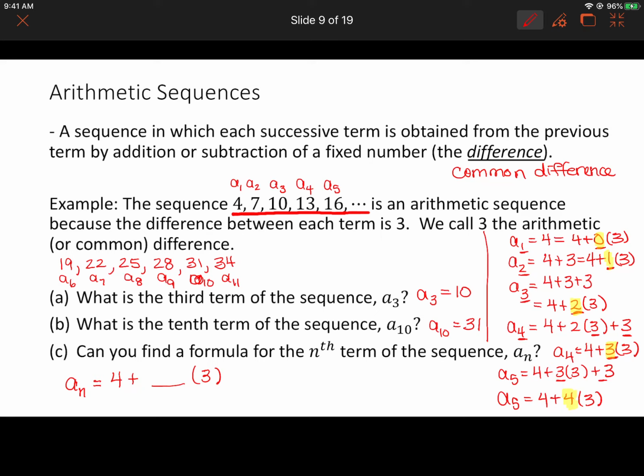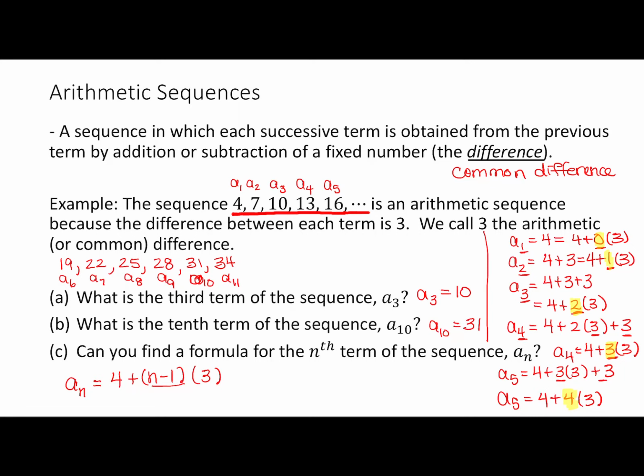So in general, I want to multiply times n minus 1. Okay, so I get 4 plus n minus 1 times 3. And let's just check. For A10, that would be 4 plus 9 times 3. 9 is 10 minus 1, which is 4 plus 27, which is indeed 31, which is what we got before by just listing out the terms.